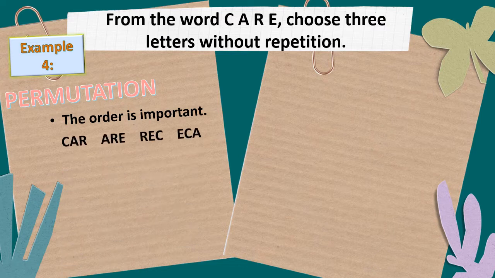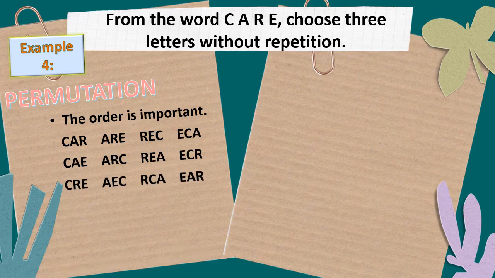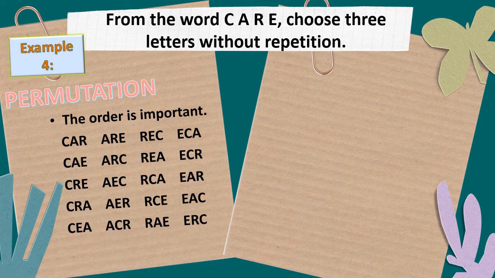The results are CAR, ARE, REC, ECA, CAE, ARC, REA, ECR, CRE, AEC, RCA, CRA, AER, RCE, EAC, ACR, RAE, ERC, CER, ACE, RAC, and ERA. So in total, we have 24 possible arrangements.